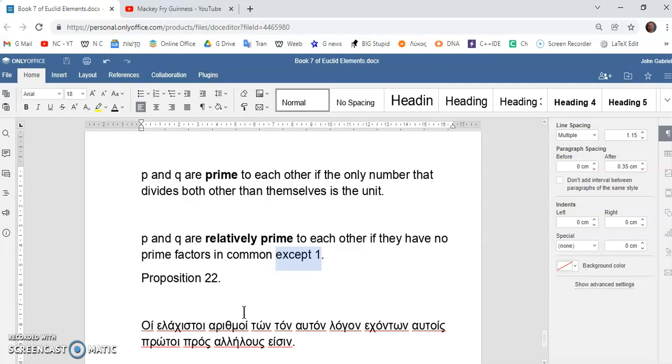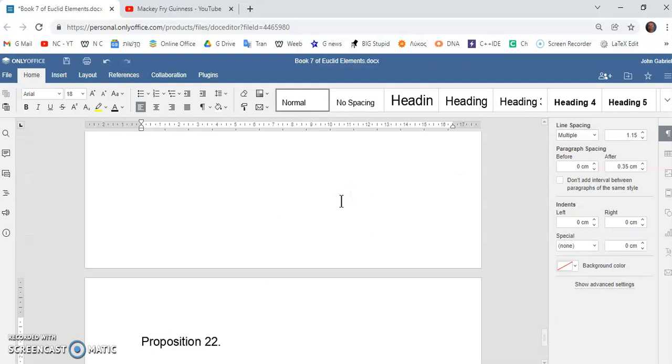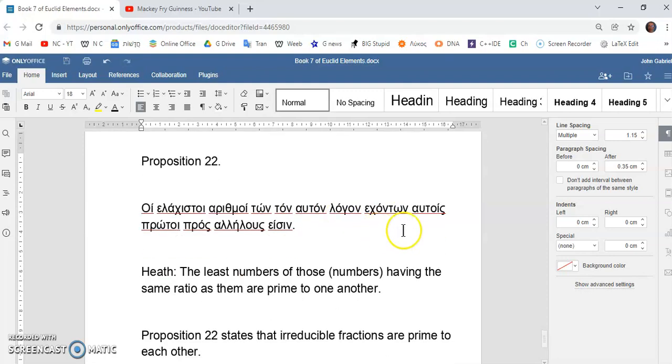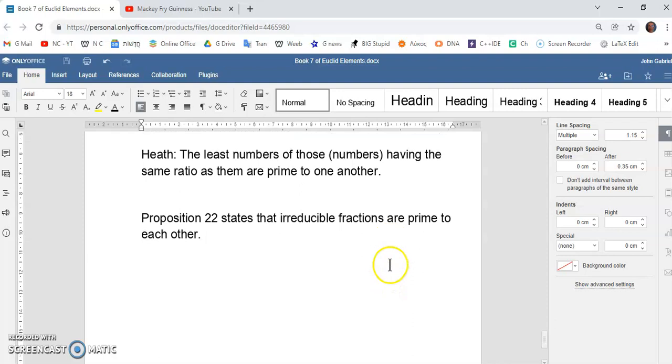Proposition 22 states that the least numbers of those having the same ratio as them are prime to one another. So basically all it's saying is that irreducible fractions are prime to each other.